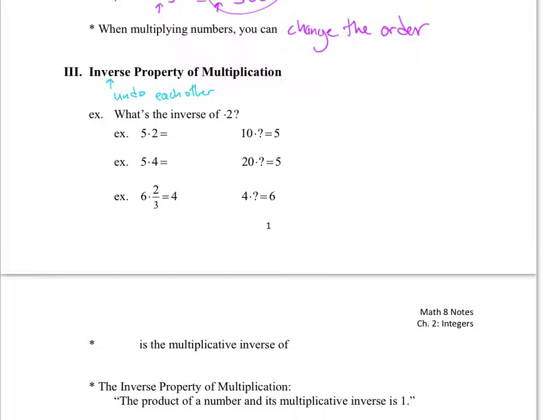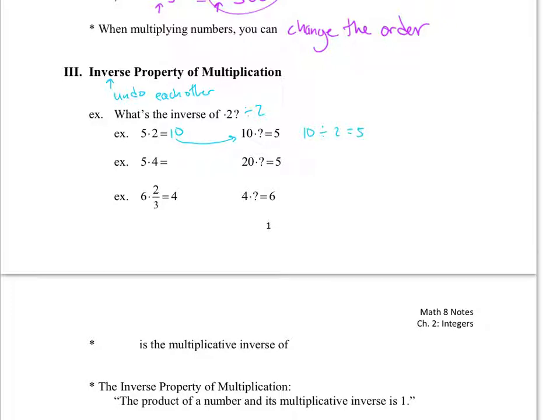So if I ask what's the inverse of times 2, what are we going to do to undo times 2? We're going to divide by 2. So, examples here. 5 times 2 equals 10. So if I want to undo that, I would take my 10, and to undo times 2, I would do 10 divided by 2 equals 5.